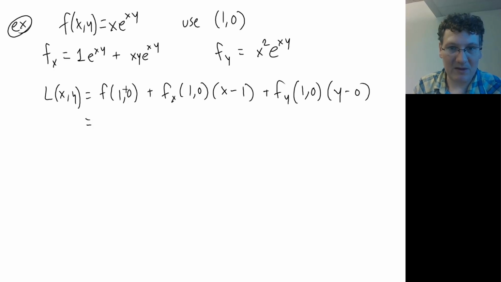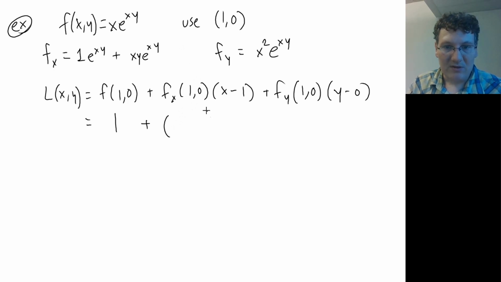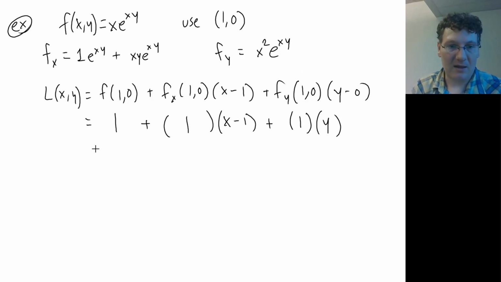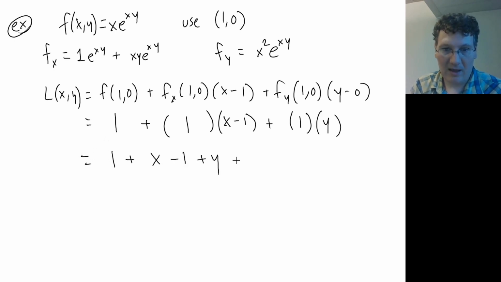If we plug in 1 and 0, we get 1 times e^0, which is just 1, plus the partial derivative with respect to x at (1, 0), which is 1, times (x minus 1), plus the partial derivative with respect to y at (1, 0), which is also 1, times y. So this is just 1 plus (x minus 1) plus y, which is x plus y. That's the linearization of this function near the point (1, 0).